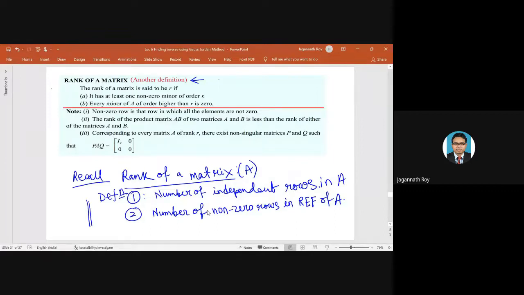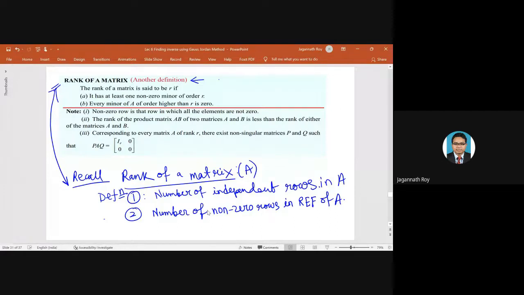Now there is another definition which is very much equivalent to this. If you look closely, you can relate that it is nothing but whatever we have seen earlier.